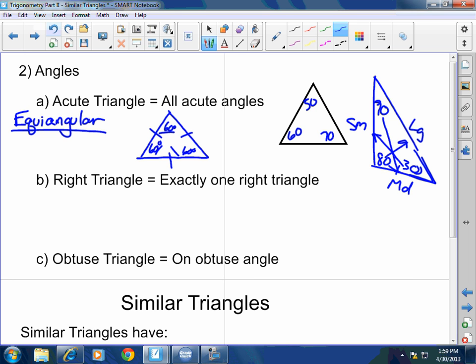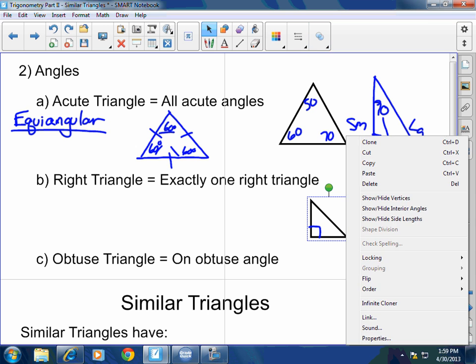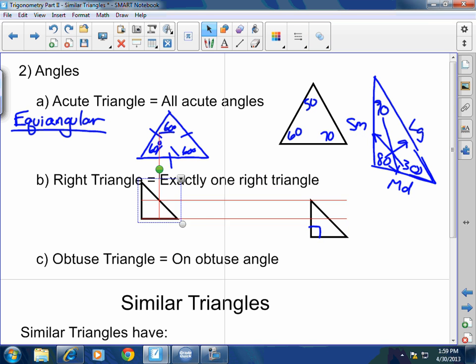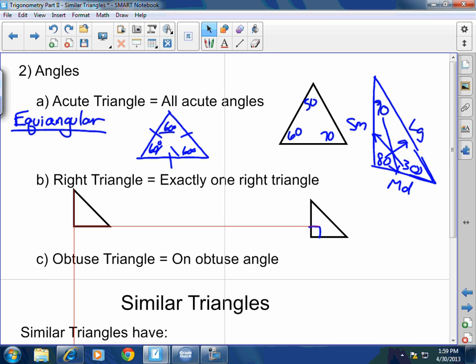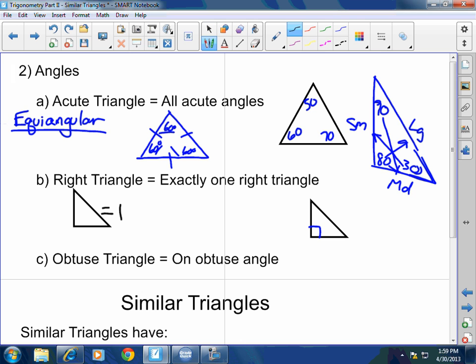A right triangle is a triangle that has literally exactly one right angle, and that's that, period. One right angle. I have to denote that right angle. Don't ever do this. Oh, Mr. Morrow, that's a right angle. Yeah, that's a right triangle. Yay! That will be wrong.